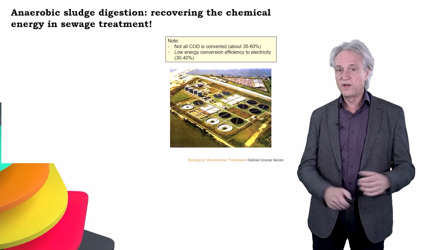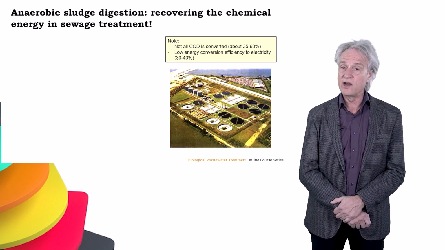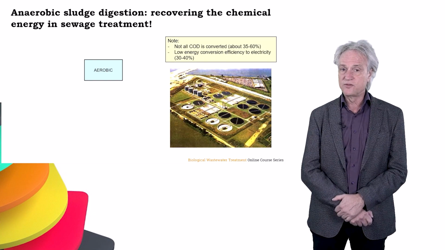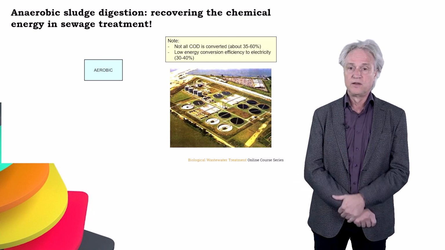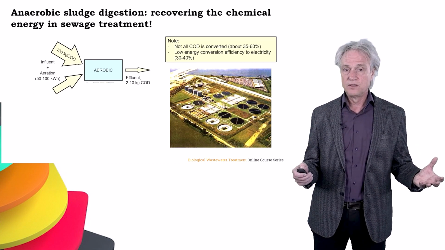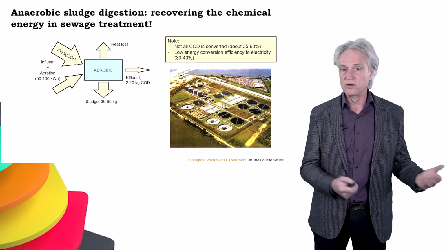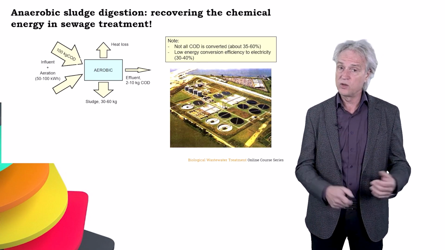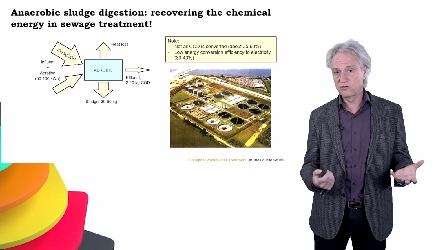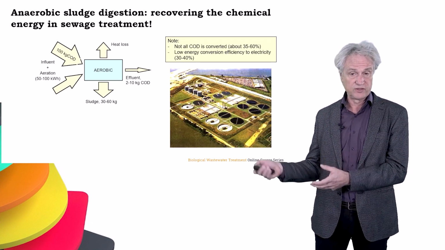Of course, this is known already for years, and it is also applied widely in the commonly applied aerobic sewage treatment. If you quickly look at what happens in aerobic sewage treatment, here at an old wastewater treatment plant of the city of Amsterdam, we have an aerobic reactor with an input of COD, and we need about 50 to 100 kilowatt hour of aeration to convert the 100 kilogram COD coming in. In the activated sludge plant, this COD is converted into its mineralized end products.